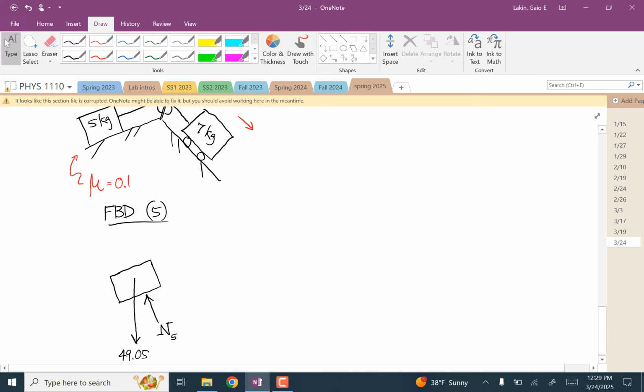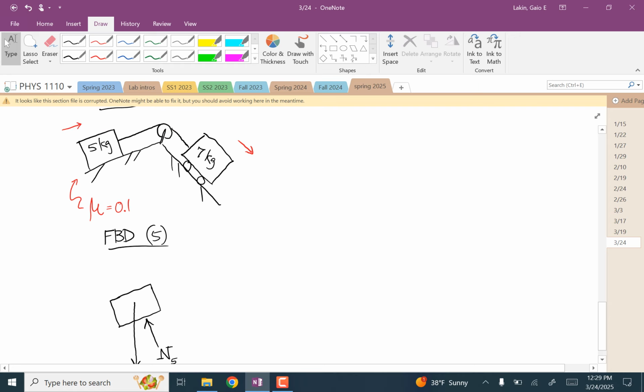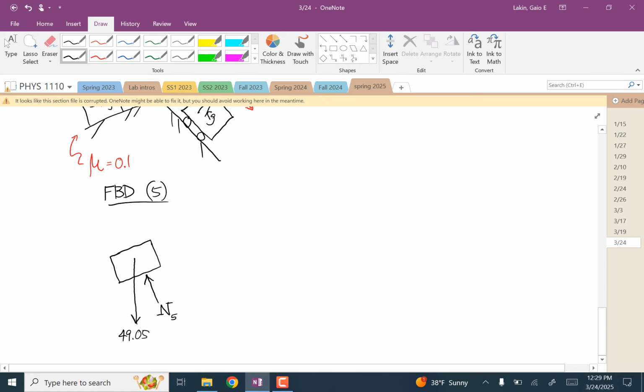Then there's also the friction force, in the exact opposite direction of the motion, or the velocity vector. The velocity vector in this case is up the ramp and to the right, so the friction force has to be down and to the left. And the magnitude of that is the coefficient times this pushing force N5.